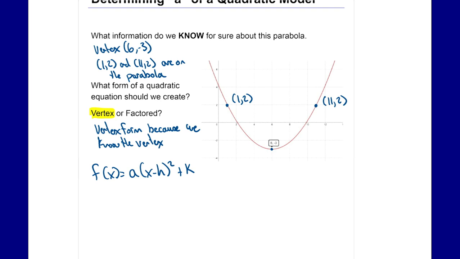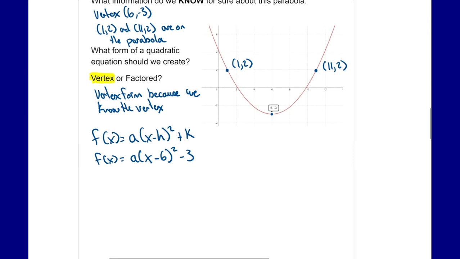I can plug in values that I know. I do know my h and k of the vertex. So f(x) equals a times (x minus 6) squared minus 3. So I have my h and k, but I'm still missing that a value. What we can do now, similar to the last one, is plug in a point.